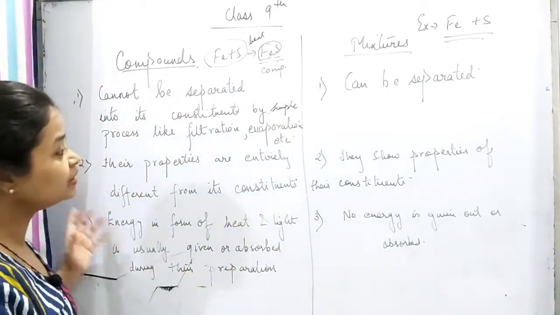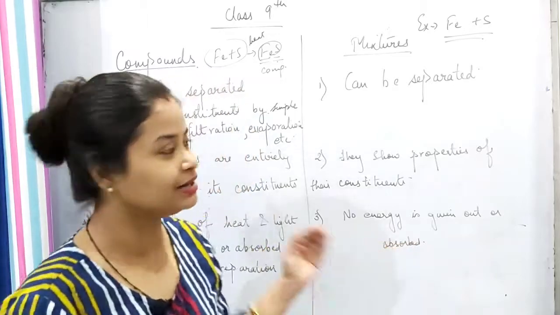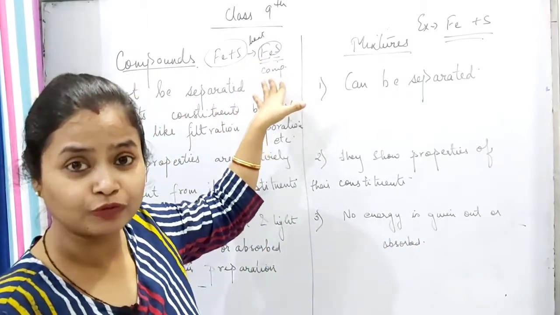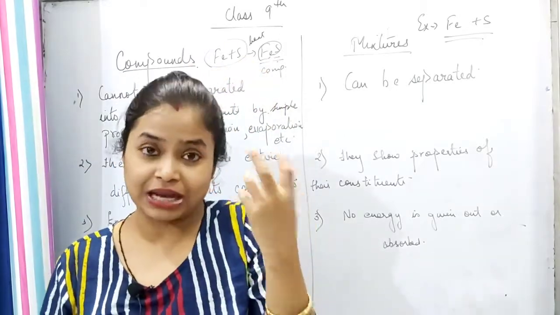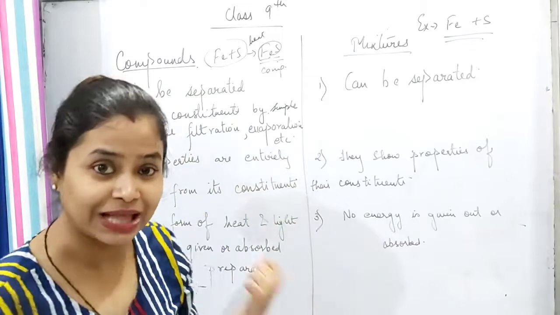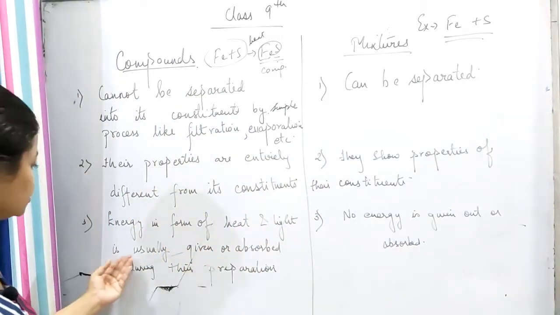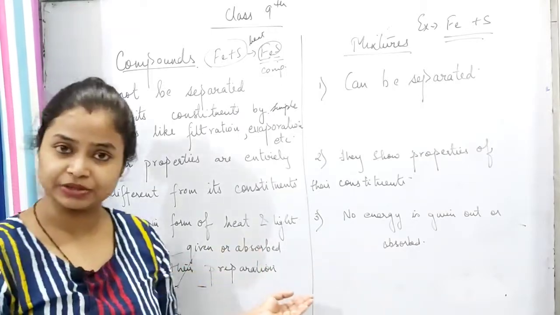That means you are providing energy in form of heat. Okay. That's what is written: energy in form of heat and light is usually given or absorbed during their preparation.